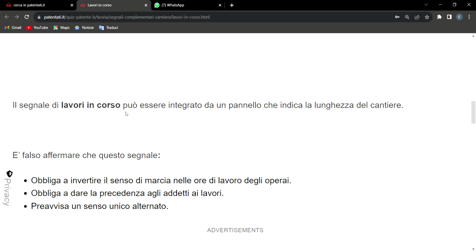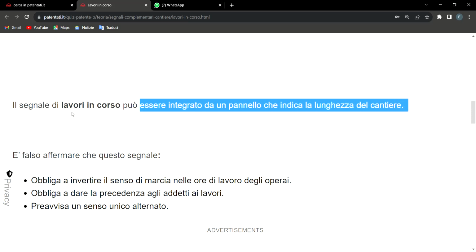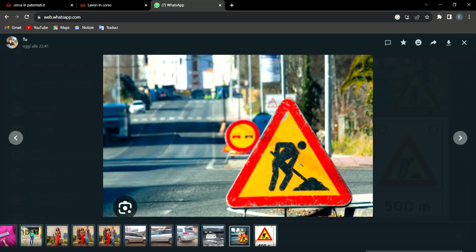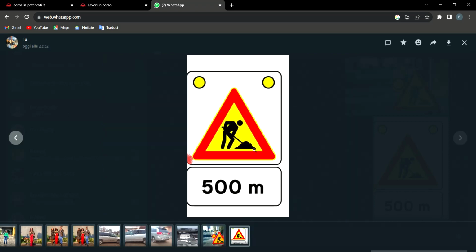It says again, può essere integrato da un pannello che indica la lunghezza del cantiere. In some cases, this sign known as lavoro in corso will be found with a preview.